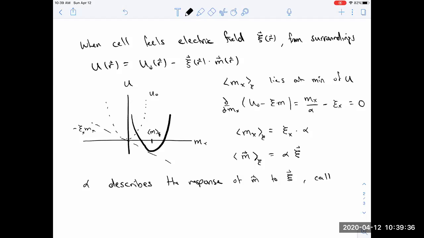It has no dipole on average. If I added a field, I could polarize the electrons around the hydrogen nucleus. The degree to which I generate a dipole due to that field, you call a polarizability. And so that alpha is indeed nothing but the polarizability of one of those cells in our model of a solvent.